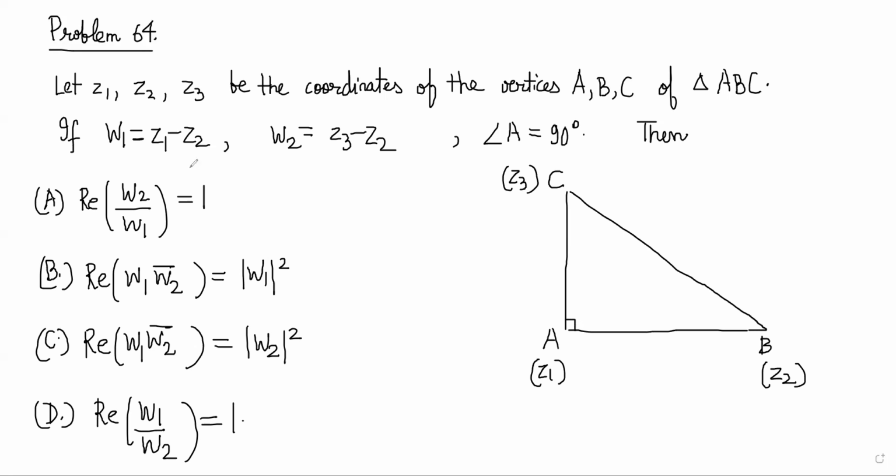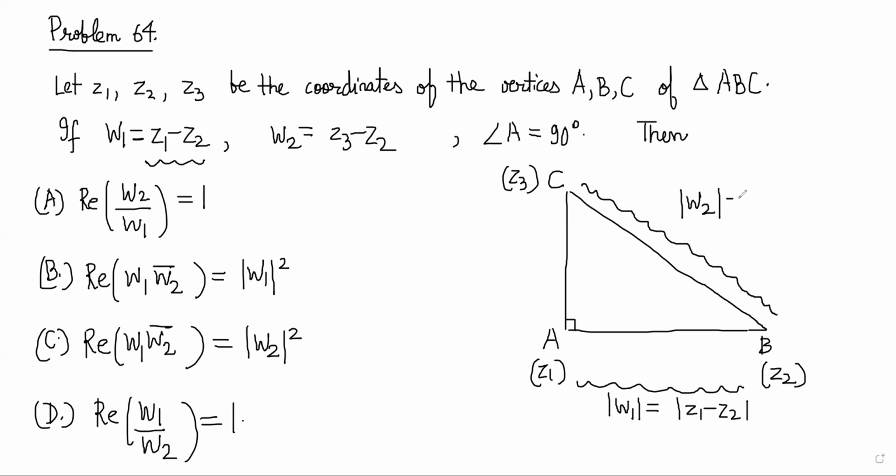Now think about it. Z1 minus Z2 is basically this side, right? So we can call this side length mod of W1 is equal to mod of Z1 minus Z2. Z3 minus Z2 would be this side, so mod of W2 is equal to mod of Z3 minus Z2.